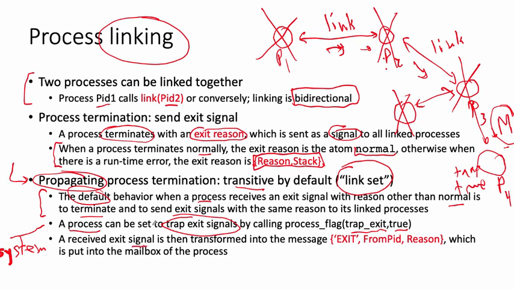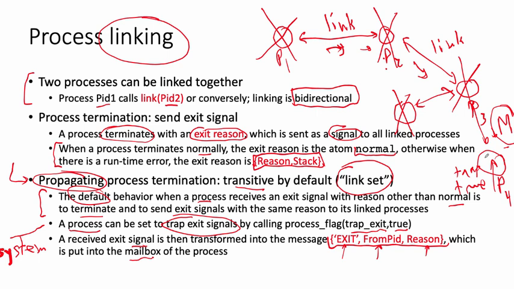So the exit signal is transformed into this message: exit, from PID, where it's coming from, and the reason. And exit is an atom. And it's put into the mailbox of the process P4 here in this diagram. So you can see that by default, they all crash, but you can have one that's not crashing if you set the trap exit flag to true, and it will receive the reason as a message and will not crash.